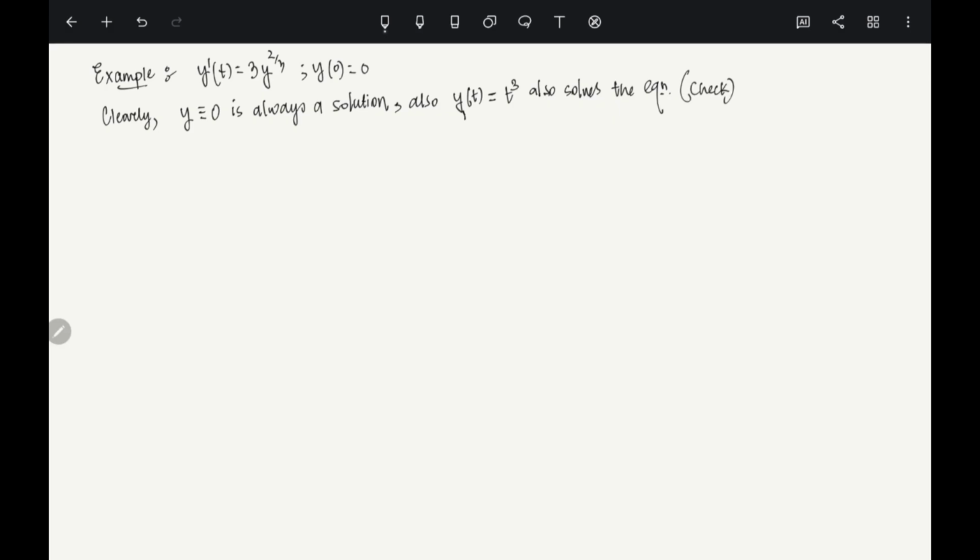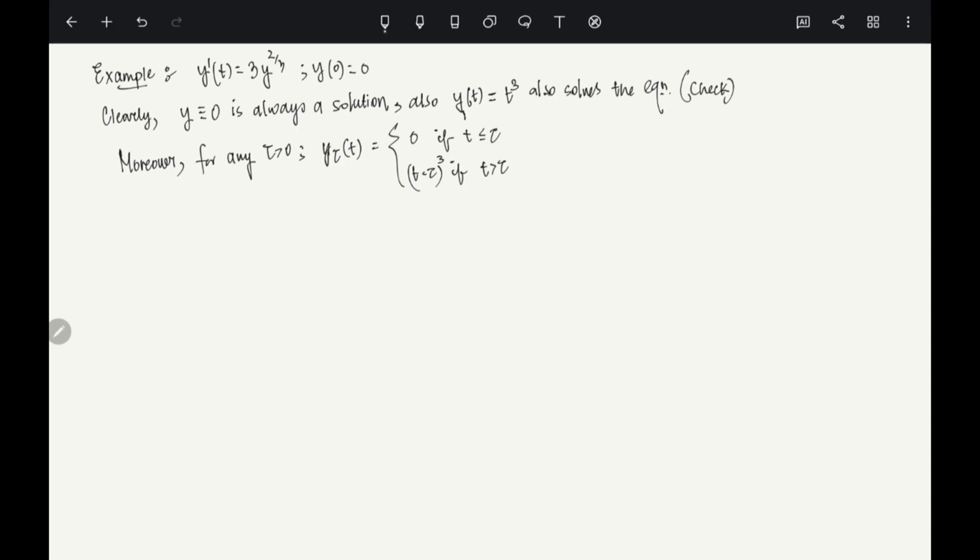Okay, right? And moreover, you can show that for any tau greater than 0, this family y tau of t, given by 0 if t is less than tau, and (t minus tau) cubed if t is greater than tau, also satisfies the equation.